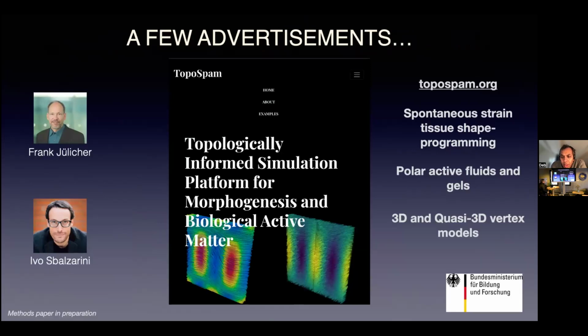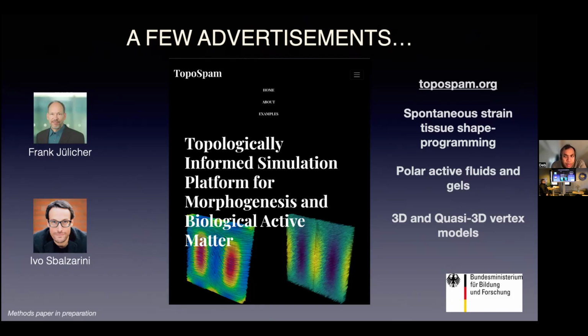And then just a little advertisement for the coarse-grained shape-changing spring lattice model that we use. We implemented it in a software platform together with Frank Jülicher and Ivo Sbalzarini called TopoSpam. It's available at topospam.org. There's going to be a methods paper on this; we're writing it up now.